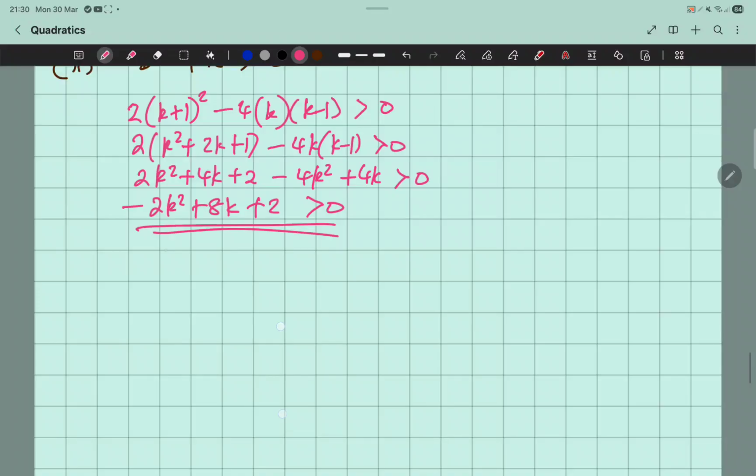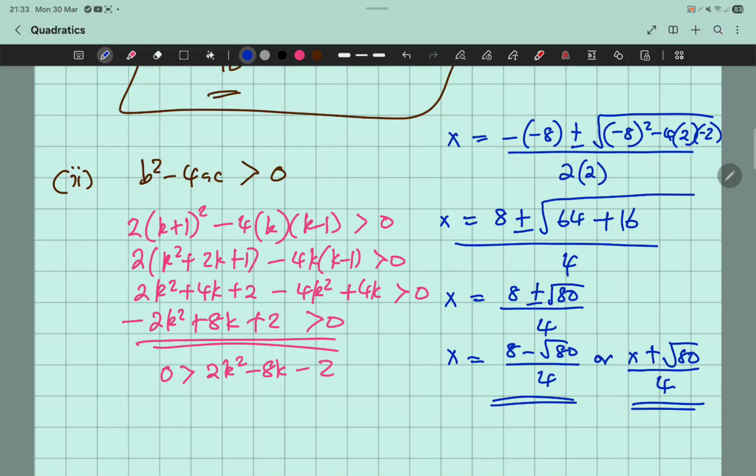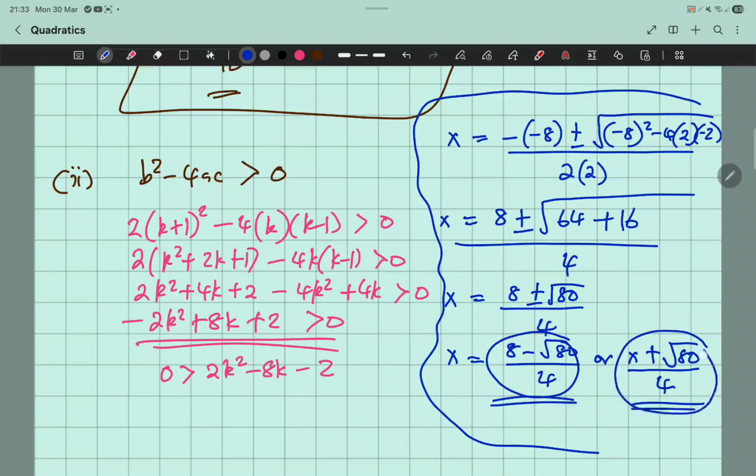So maybe if we move things to the other side, it becomes 0 greater than 2k squared minus 8k minus 2. So we can try to factorize, or we can try to use the quadratic formula. Right, so if you use the quadratic formula, like highlighted on your right here, this is what you get for the values.